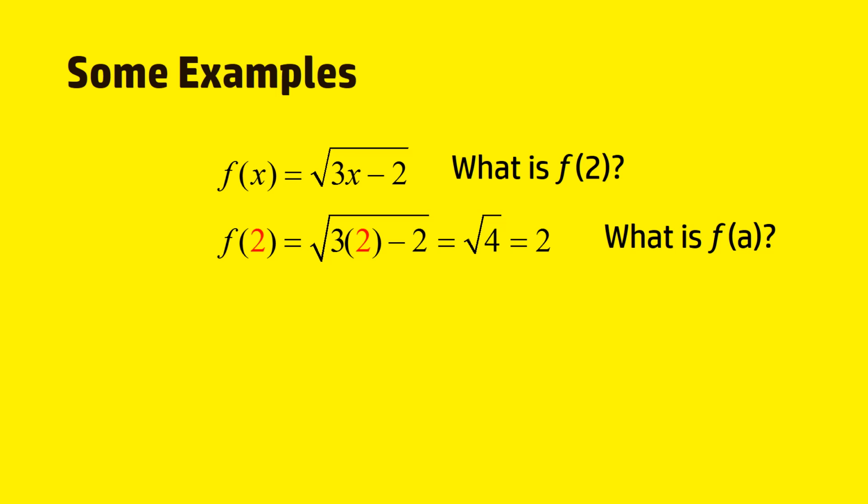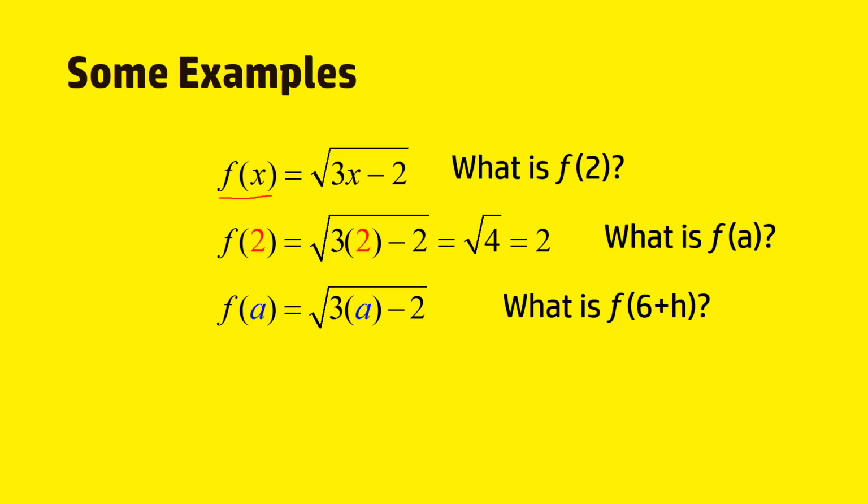What is f of a? Well, that's just like this f of x over here, just a different letter, a instead of x. So square root of 3a minus 2.